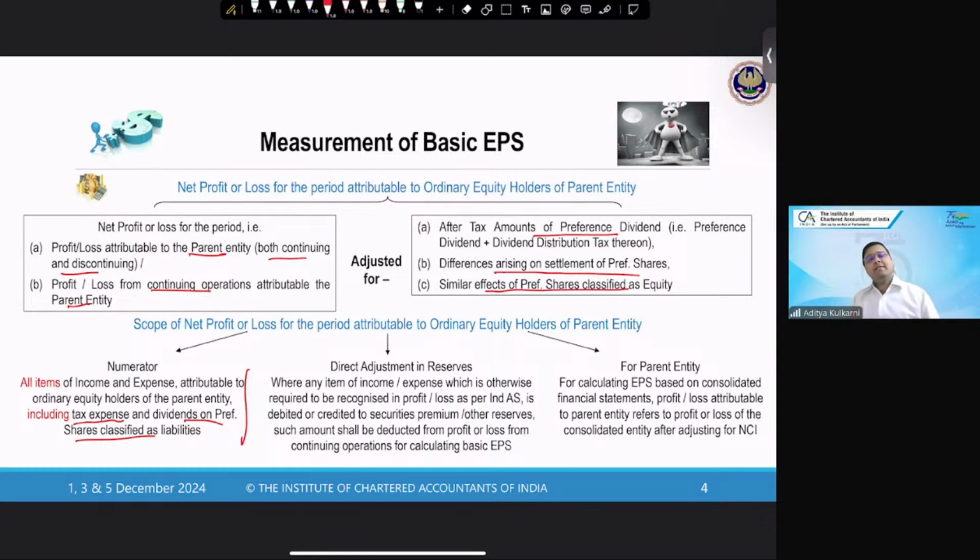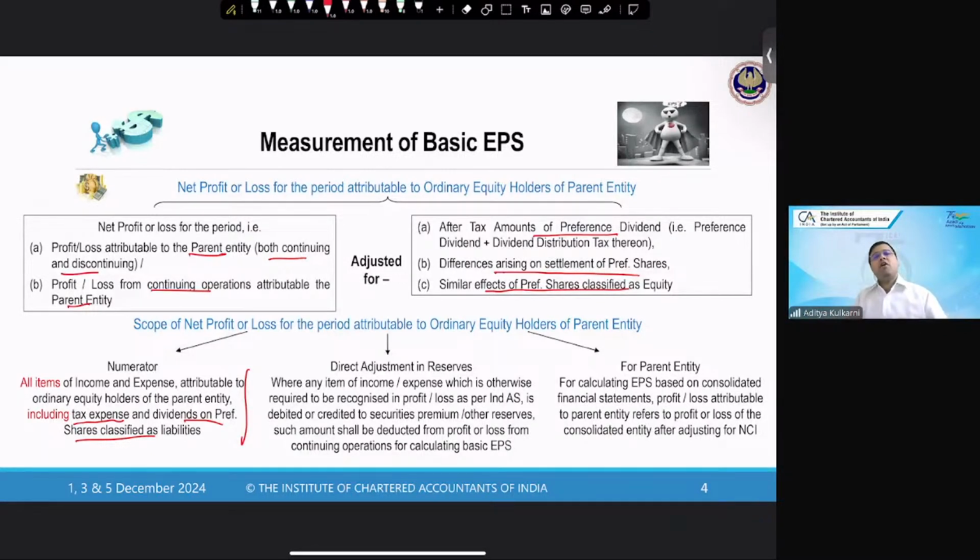They will go and sit as part of your non-current liabilities. Is it okay? That is why when they sit as part of non-current liabilities, clearly whatever is the interest cost or the finance cost attributable to such preference shares will not go after net profit after tax.